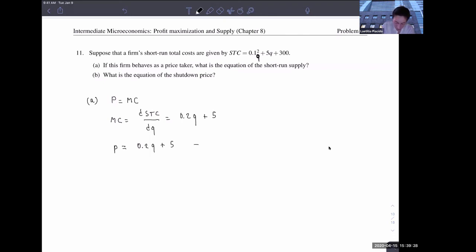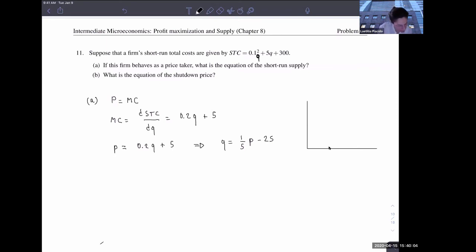If you want to express it as a function of P, you just invert the equation and you end up with Q equals 1/0.2 of P minus 25, that is, Q equals 5P minus 25. That's the short-run supply given this total cost curve.